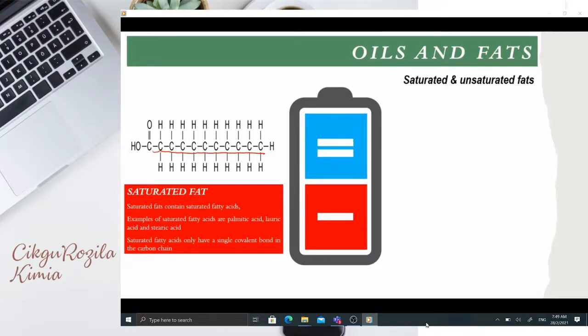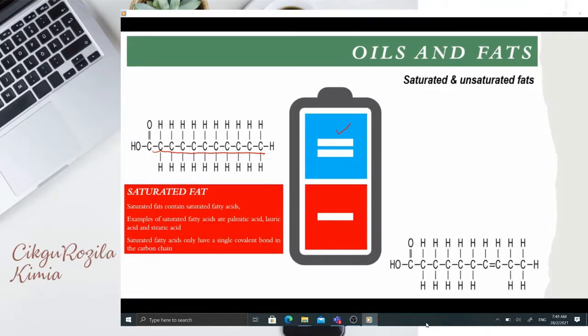Okay, while on the other hand, the blue one consists of a double covalent bond here. So we look at the structural formula. Okay, so it is obviously shown here when there is the presence of a double covalent bond between carbon atoms.